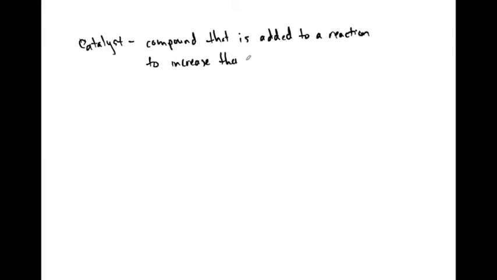So I'm going to write it as a compound that is added to a reaction to increase the rate of the reaction. And what that simply means is we're going to add the catalyst to the reaction so that our reactants get to products faster.